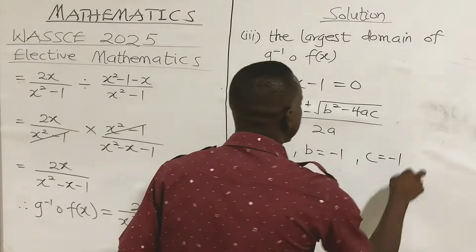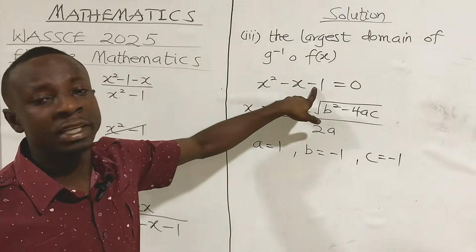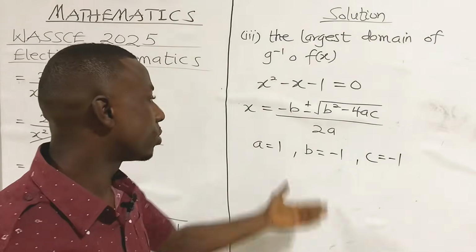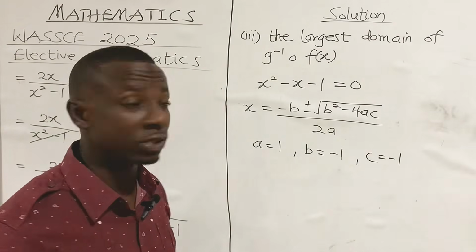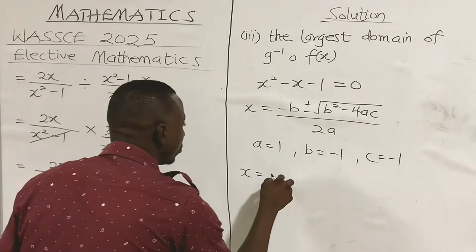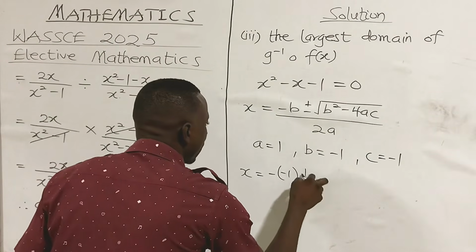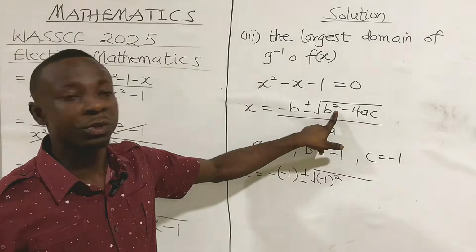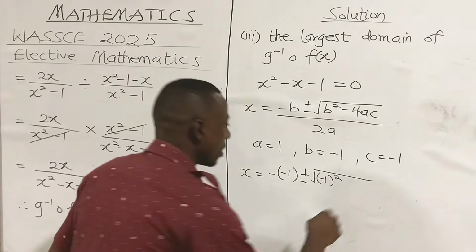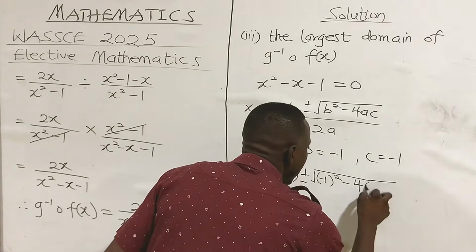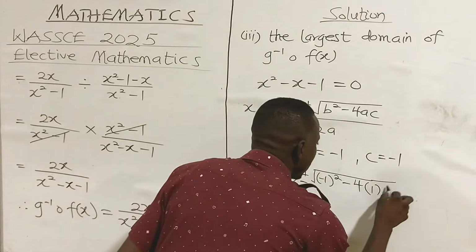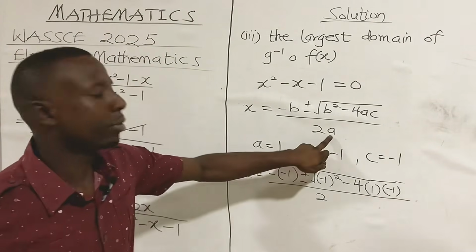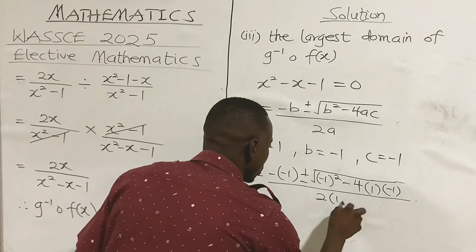Then I have c to be negative 1, since c is the constant within the quadratic equation. So here we are just going to make direct substitution. So we have x is equal to minus b plus or minus root of negative 1 squared, because we have b squared where b is negative 1, minus 4ac, a is 1, c is negative 1, all over 2 multiplying a, and the value of a is 1.